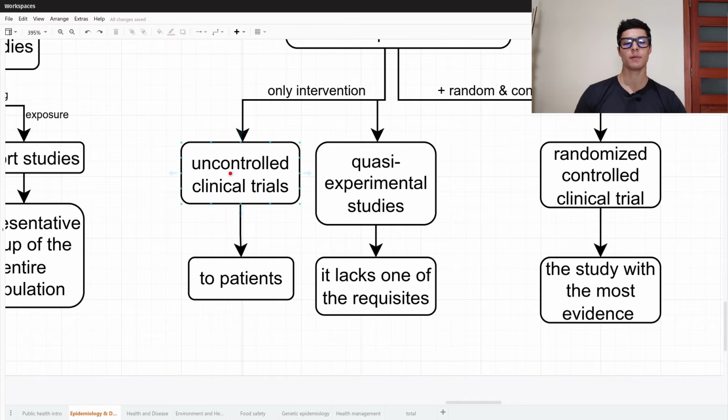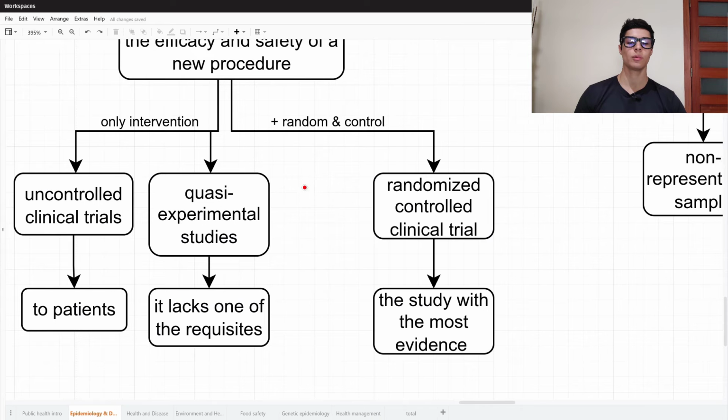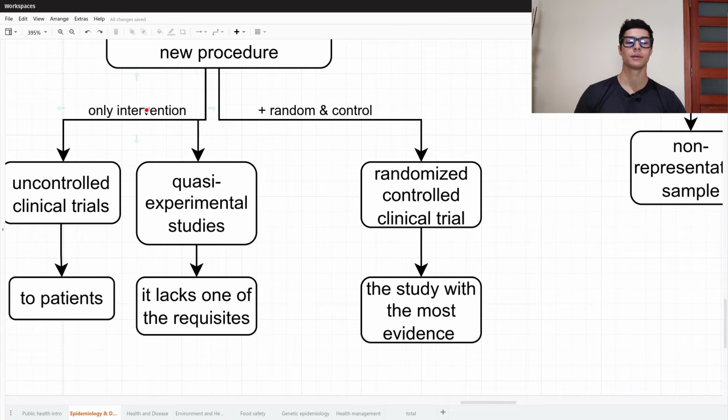Only intervention, we have uncontrolled clinical trials, which is meant to patients, the quasi-experimental studies, and this is called quasi because it lacks one of the requisites. That means that it lacks either control or randomness, but it can't lack the intervention though. And then we have, on the other hand, the intervention and random and control.